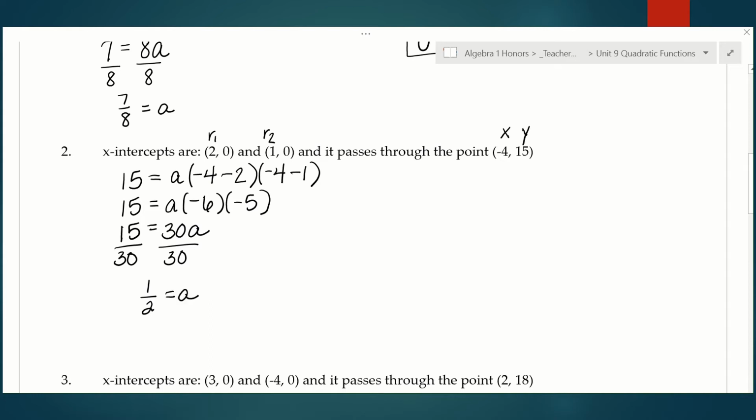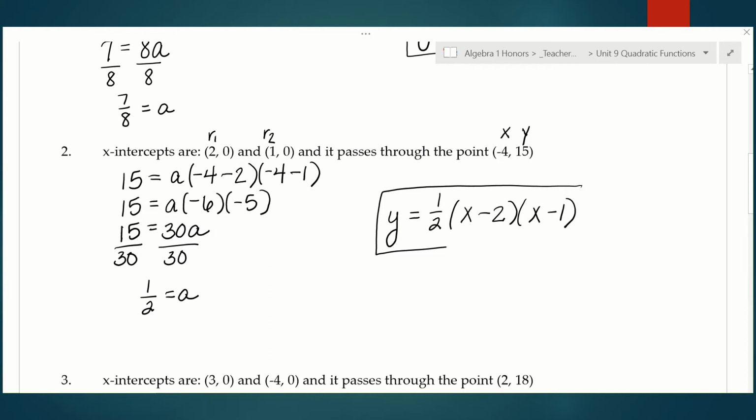Okay, so if a is 1/2, I can go through and I can see here y would equal 1/2 times x minus my first root of 2 and x minus my second root of 1. Now, if either one of those roots were negative, we would be doing like x plus 2 or x plus 1. It just happens that they're both positive and the formula is x minus the root. Okay, so I think in the next one we'll see that happen.